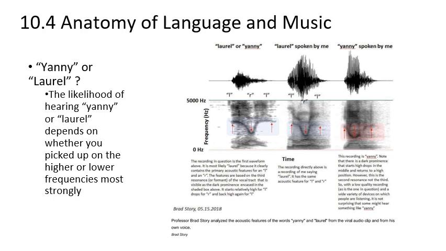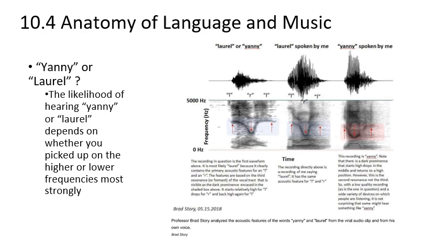I think this image to the right is from an NPR article where a linguistics professor, Brad Story, breaks down what was happening, why Laurel and Yanny sounded similar. In the first little image, you can see these three black blobs.